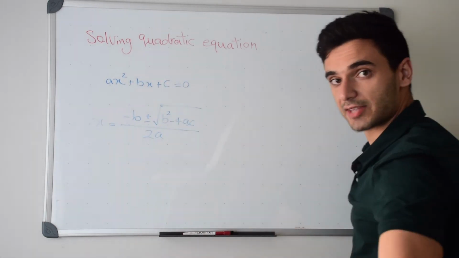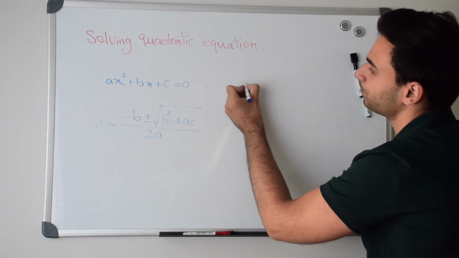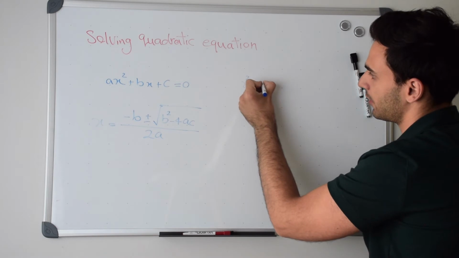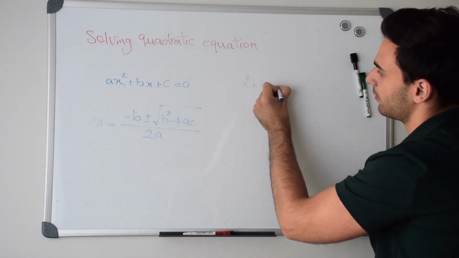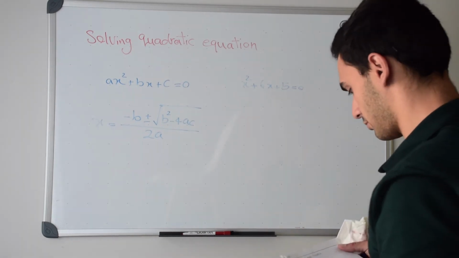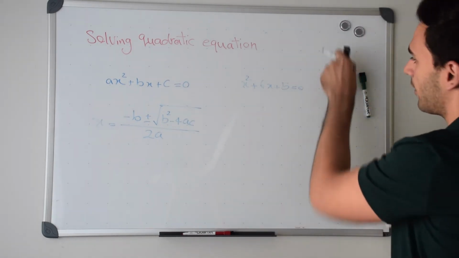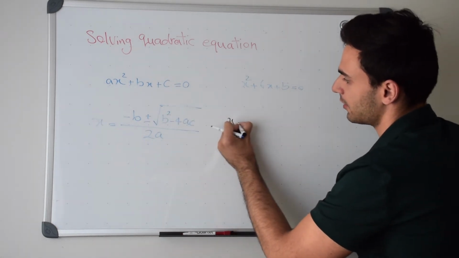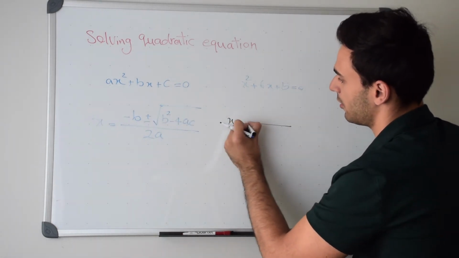So in the example that we had, x squared plus 6x plus 5 equals 0, right? How can I solve this with this formula? So x is equal to minus b.